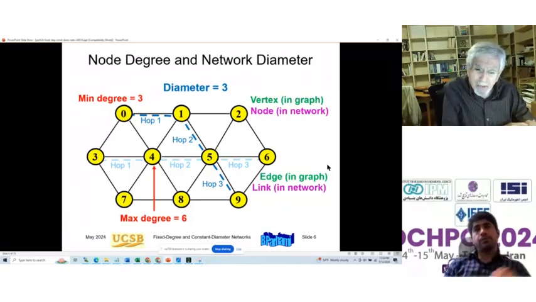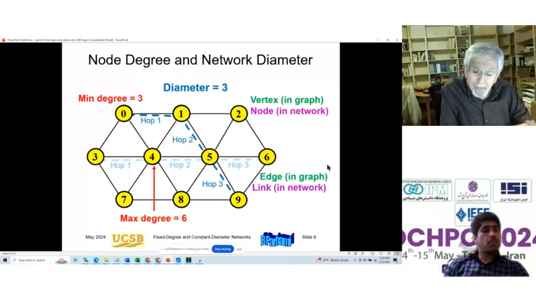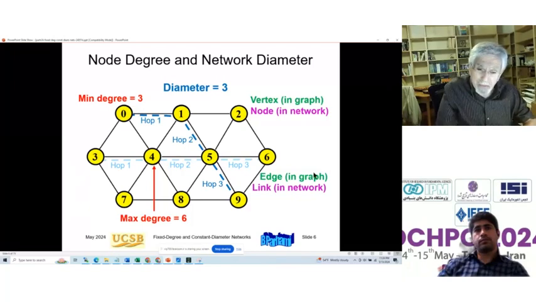So here is an example of a network. It's a toy example, very small. Nodes are numbered 0 through 9. Links connect these nodes, and we define the distance between nodes as the number of hops.